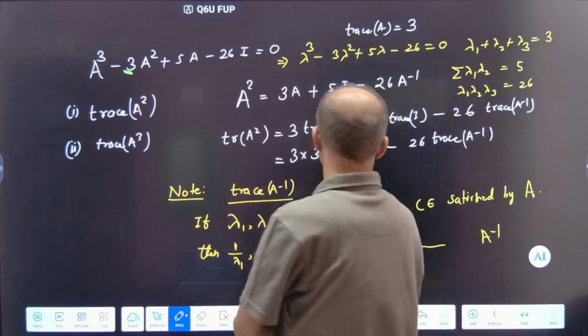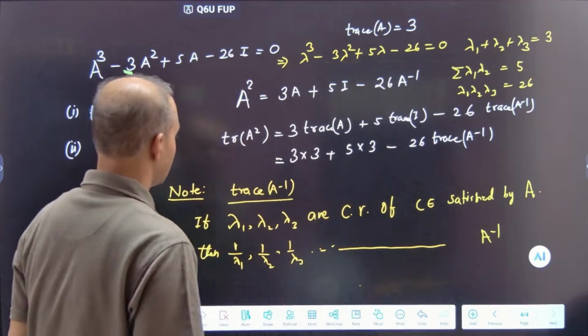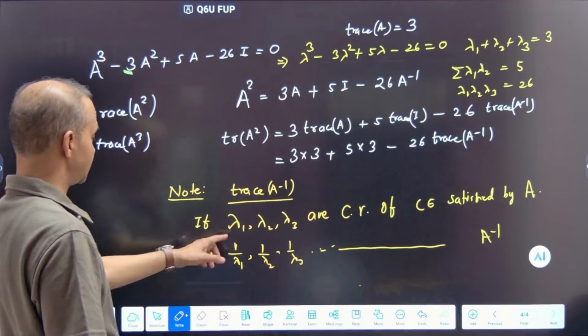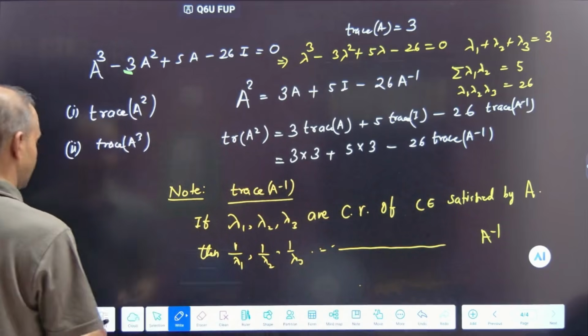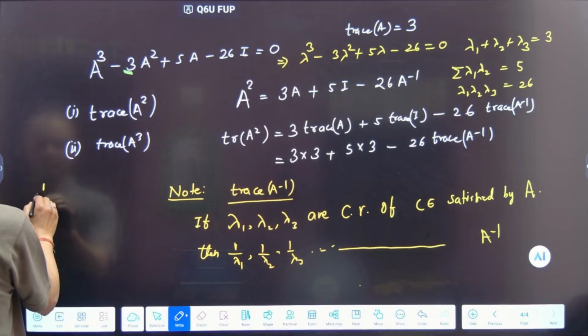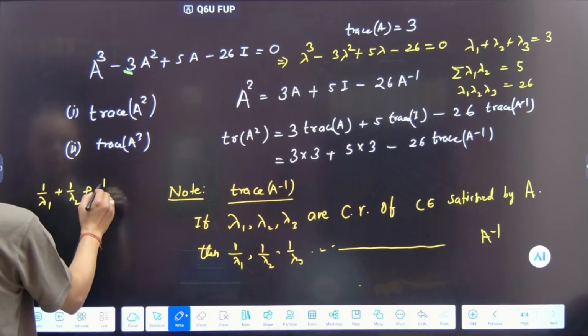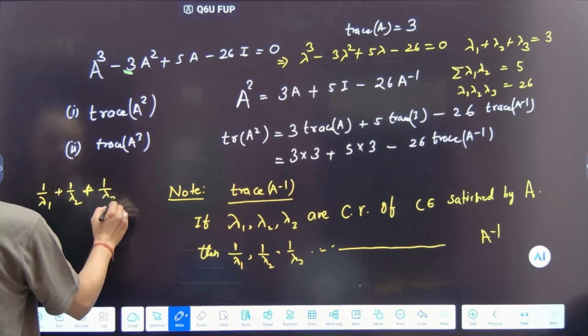So after getting these things, suppose I have to find the trace of A inverse. The trace of A inverse is the sum of these values. So I have 1 by lambda 1 plus 1 by lambda 2 plus 1 by lambda 3.